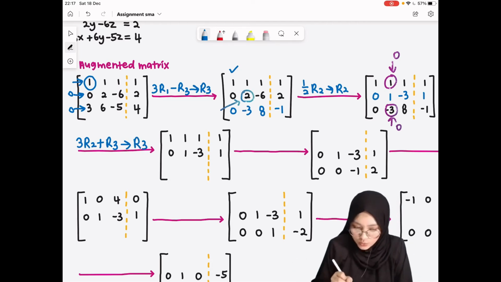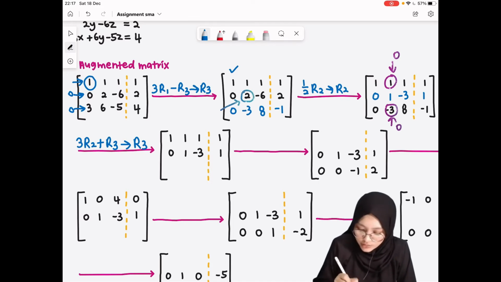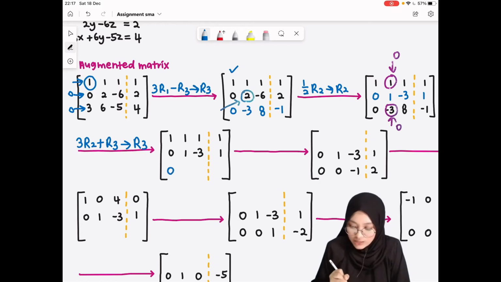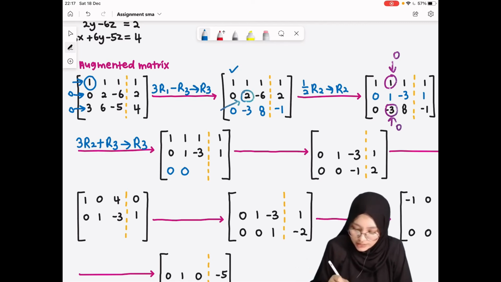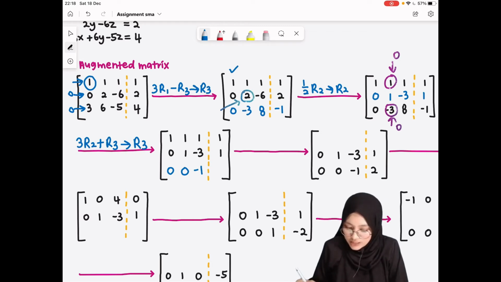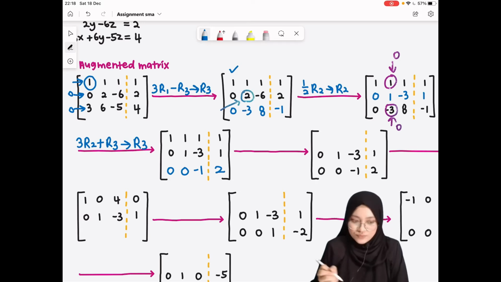The answer that we get here is 3 times 0 plus 0, we get 0. 3 times 1 plus -3, we get 0. And then 3 times -3, we get -9. -9 plus 8, we get -1. For this one, 3 times row 2, 3 times 1 plus 1, we get 2.